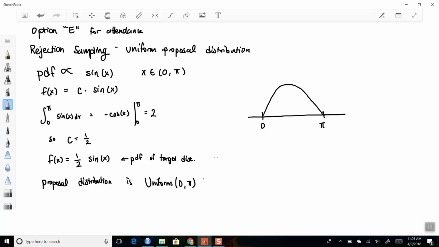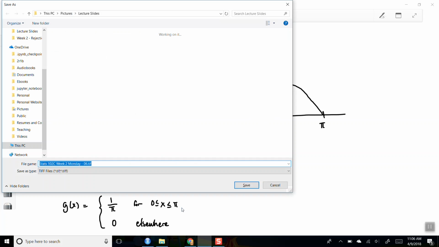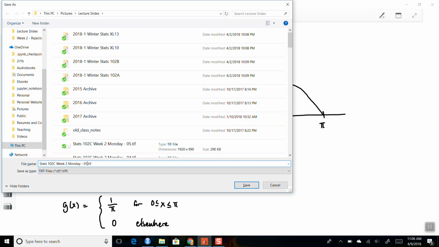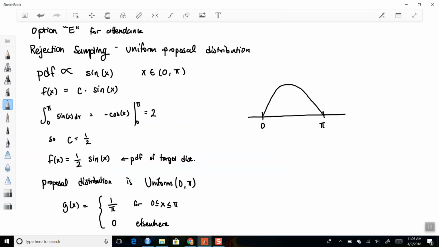And so if the proposal distribution is uniform from 0 to pi, our g of x is going to be 1 over pi for x between 0 and pi, and it's 0 elsewhere. All right. Is that okay?